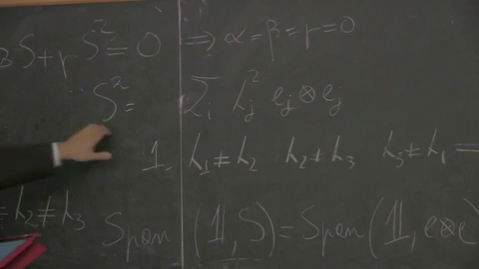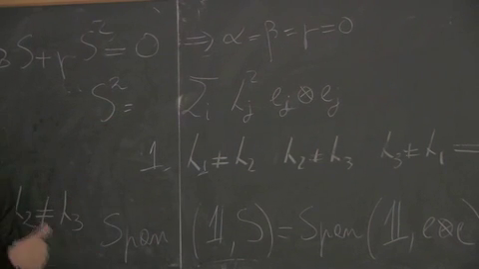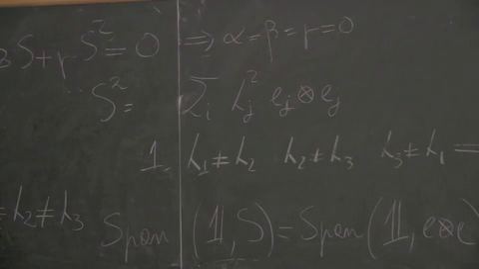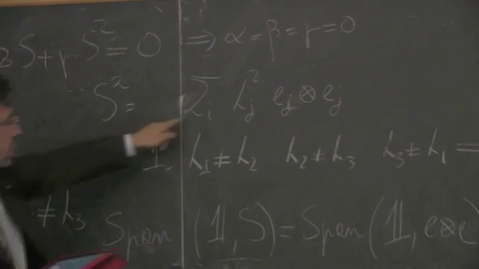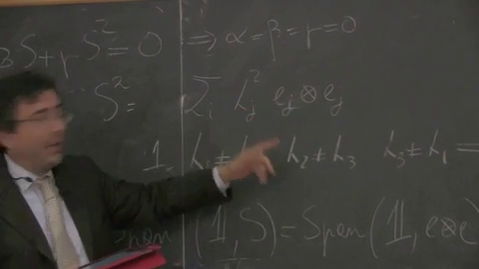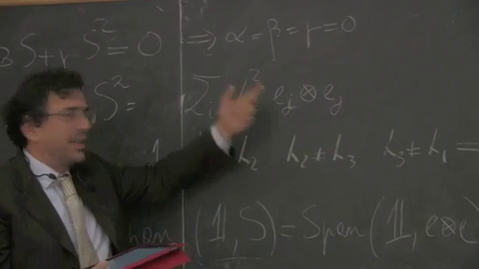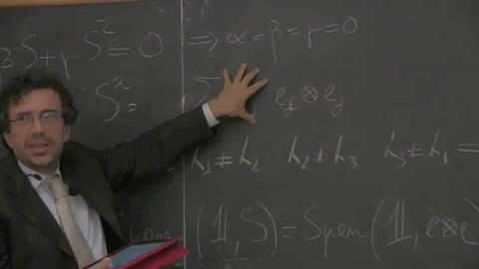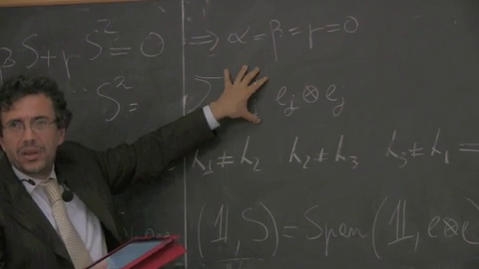So we know that S square is symmetric because it is the square of a symmetric tensor. So we know it can be represented as such a formula where E are suitable eigenvectors, and here you consider the corresponding eigenvalues.